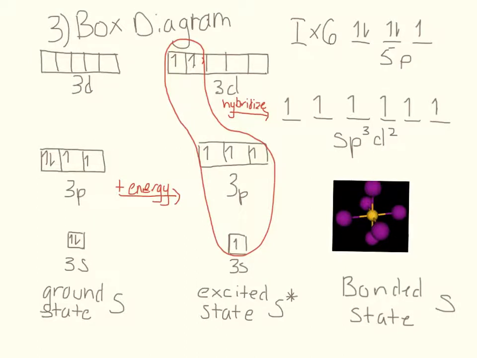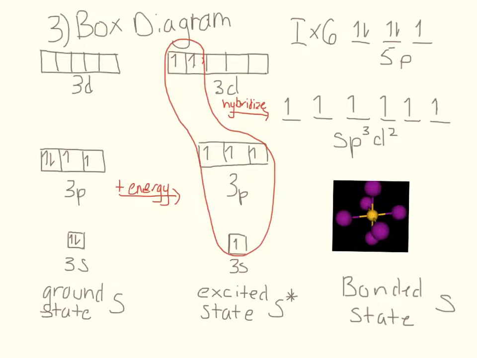Next, I'm going to be discussing the box diagram for sulfur hexaiodide. And what the box diagram explains that the VSEPR doesn't explain is how the iodides fit in with the sulfur. So we're going to look over to the left side of the screen.